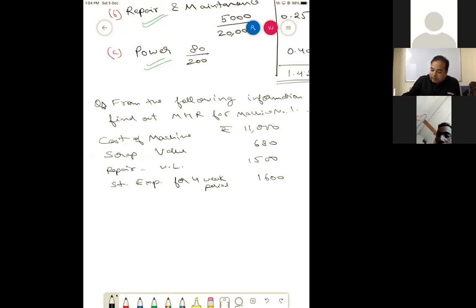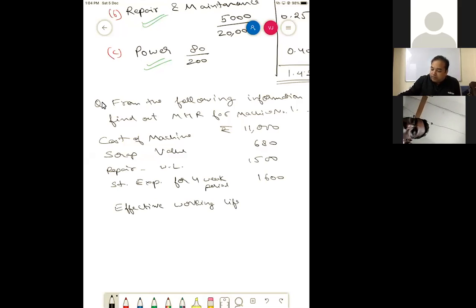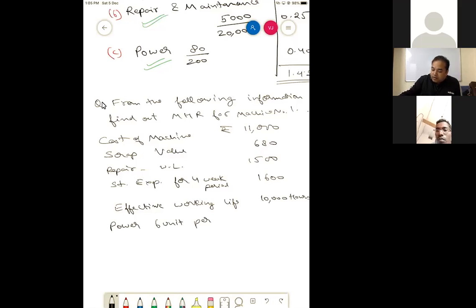Then effective working life 10,000 hours. Power 6 units per hour at the rate of 5 paisa per unit.